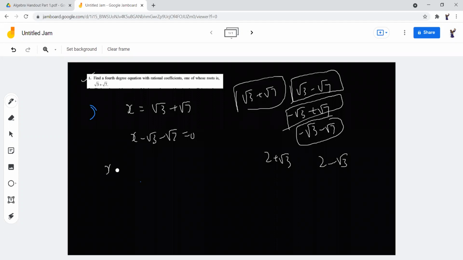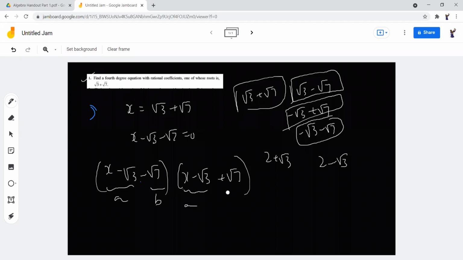So x minus root 3 minus root 7, I'm going to multiply it by x minus root 3 plus root 7. You can see this as a and this as b, so this is a minus b into a plus b. The formula is a minus b into a plus b is nothing but a square minus b square, right?